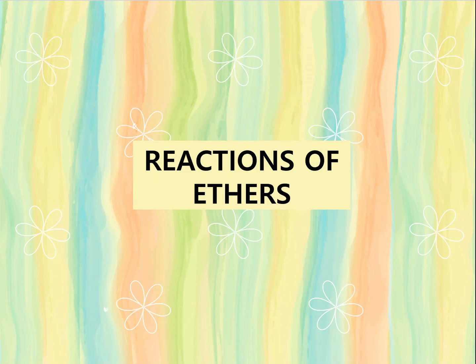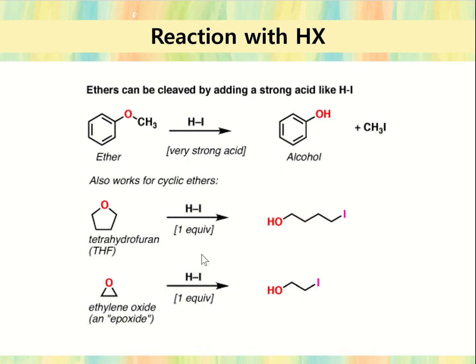For our reactions of ethers, we're looking here at the reaction with HX. We have our ethers here, and in the presence of a strong acid like hydrogen iodide, which is a very strong acid, you can have cleavage occurring.